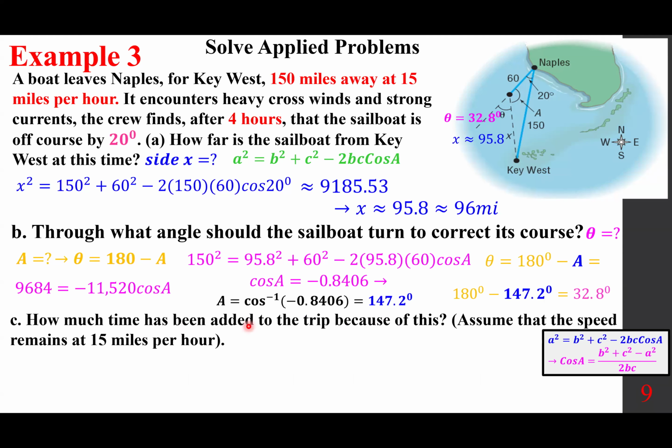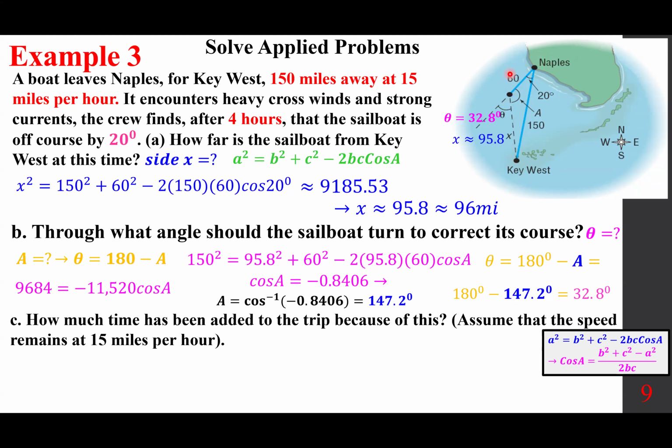How much time has been added to the trip because of this? Assume the speed remains at 15 miles per hour. Well, the distance is supposed to be 150, but now it's 60 plus roughly 96 or 95.8.